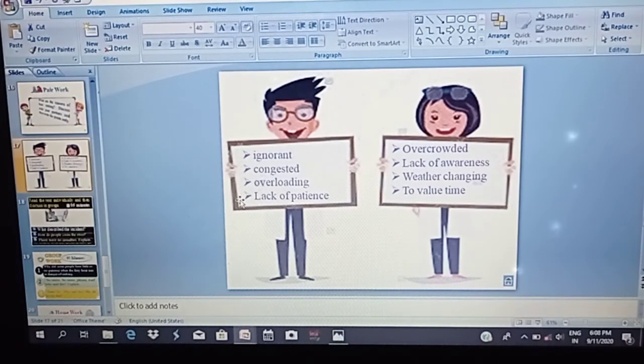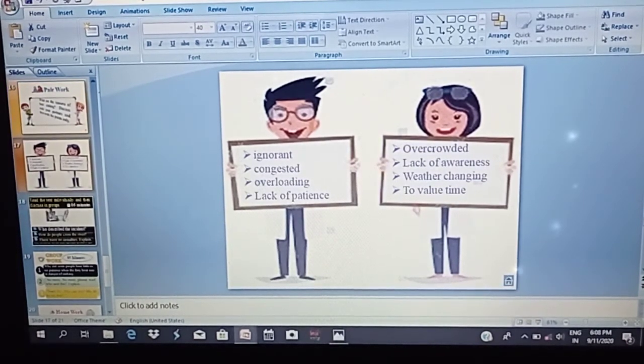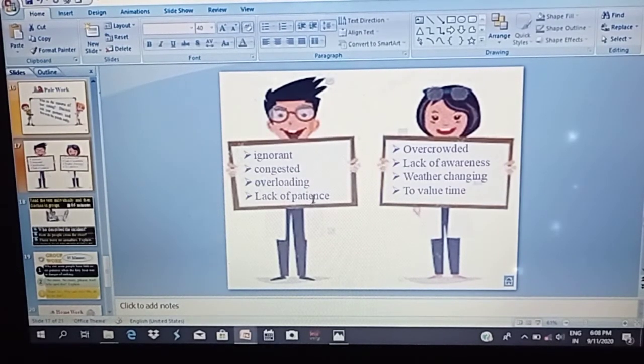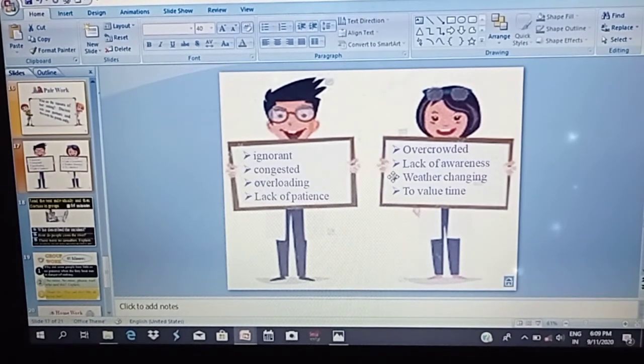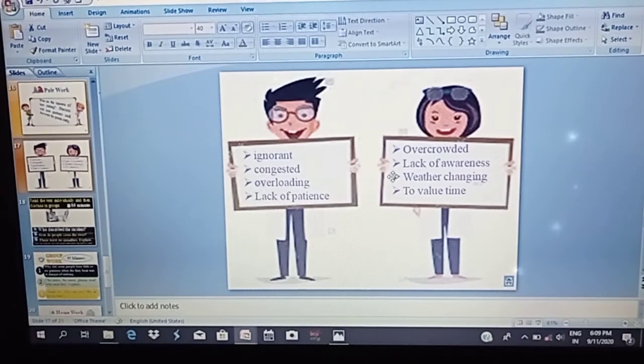In our country, people don't want to show patience in any work, and that is one of the most important reasons of this boat sinking. Okay, other causes are overloading, lack of awareness, weather changing. Another point was weather changing because after the sunset, the weather was going to be rough. The black clouds were gathered in the blue sky.